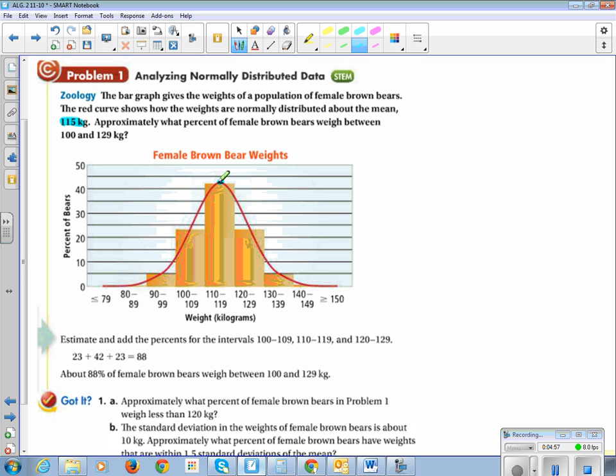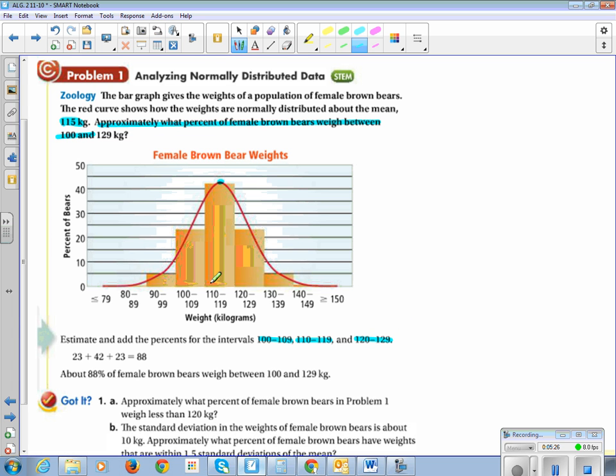Approximately what percent of the female brown bears weigh between 100 and 129 kilograms? So we're going to estimate and add the percent for our intervals. So between 100 and 109, 110 and 119, and 120 and 129.